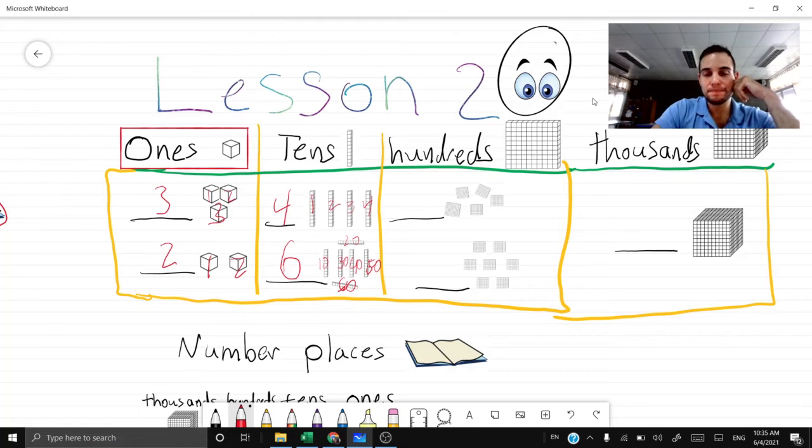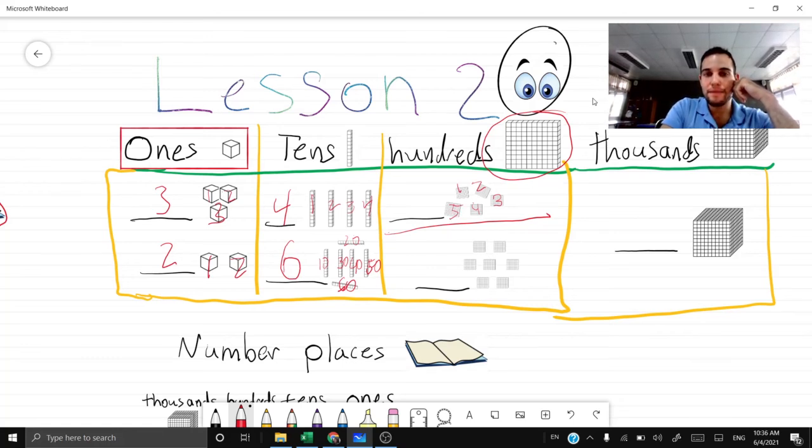Good job. Now let's look at the hundreds. Wow, this is getting really big. There are 100 cubes in 1 square. That's a lot of cubes. So how many hundreds do we have in this question right here? Well, we have 1, 2, 3, 4, 5.